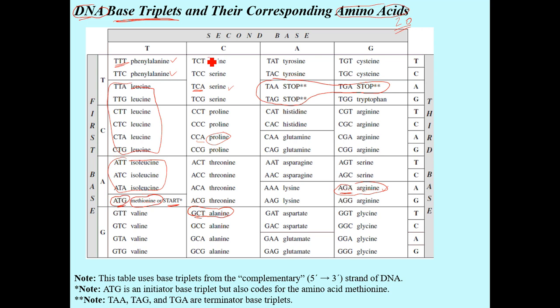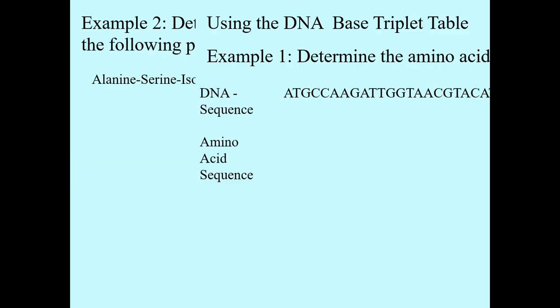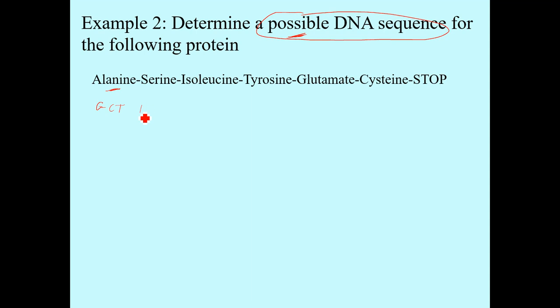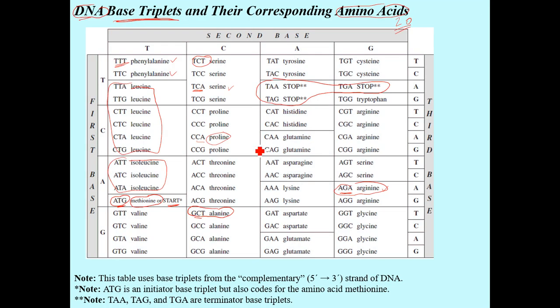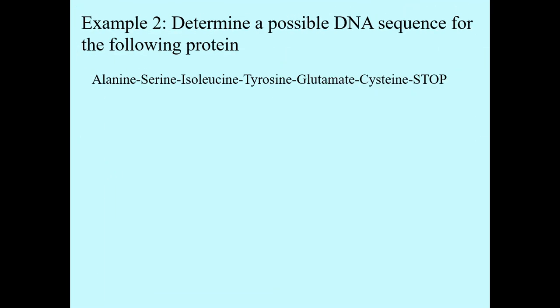Even though there are a bunch of them, I'm just going to pick the first one here. So TCT. And again I'll just do one more, and that is isoleucine. We'll go back up here one more time, find our isoleucine, first one right here, ATT. We'll go with that one.